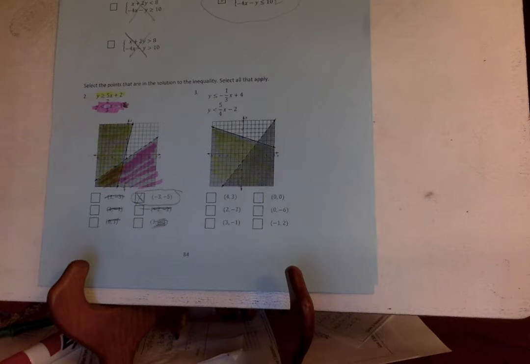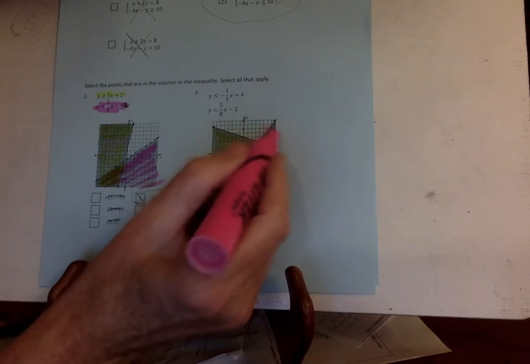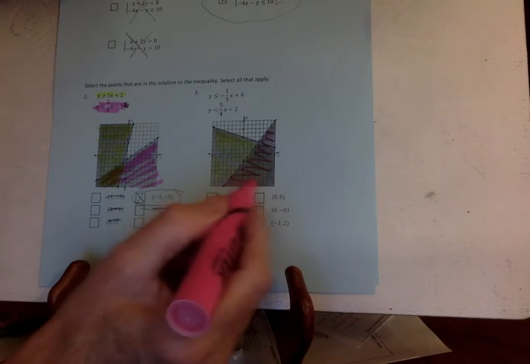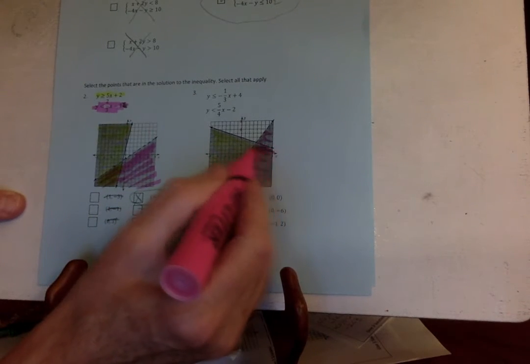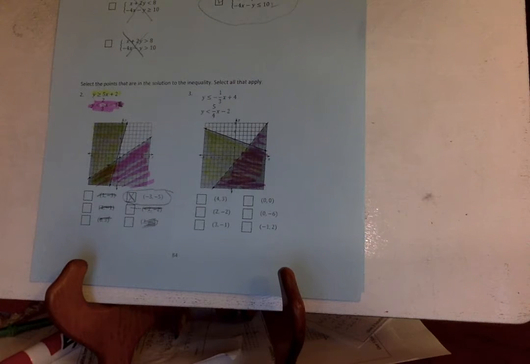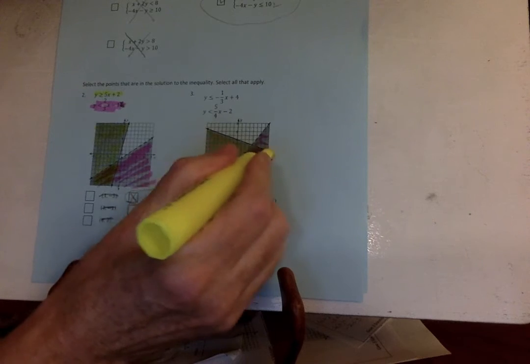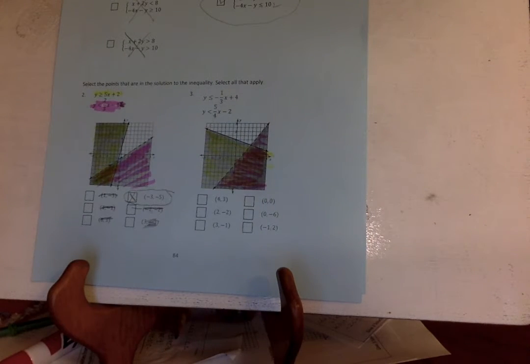And then y is less than 5/4 x minus 2, and that's going to be all of this. So they are both shaded in this darker area right here. And we are going to check to see which of those is going to be the solution.